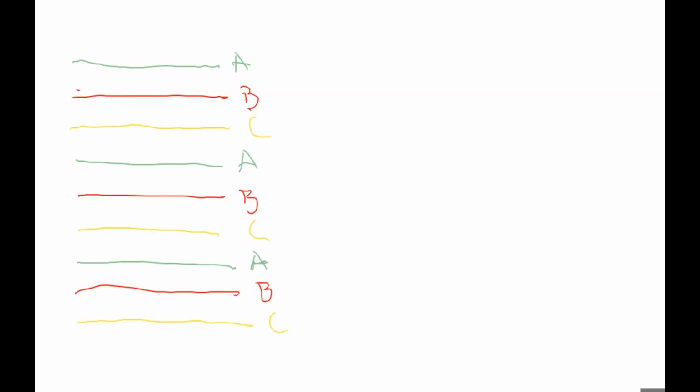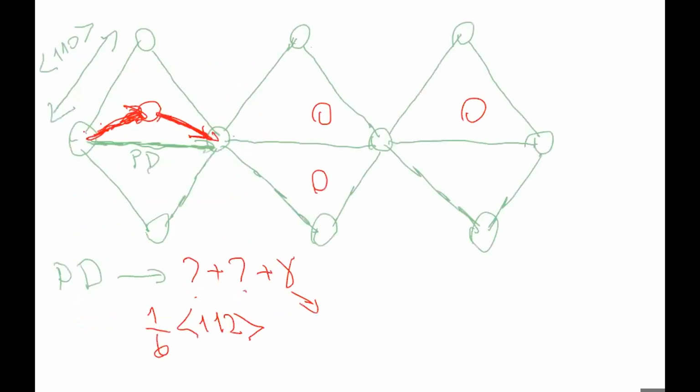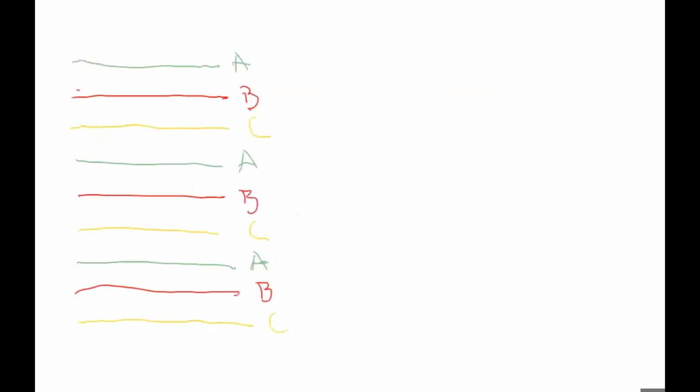You can just go ahead and draw the same representation with such a 2D representation. It will be on top of one another. What I mean is you will have some atoms like this. You'll have some atoms like this. So this is A plane, B is red.